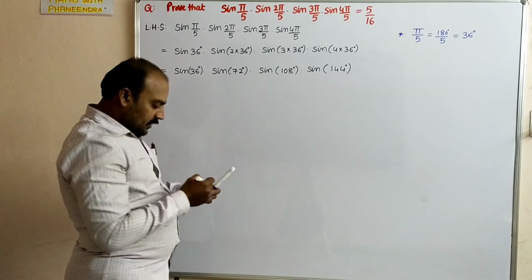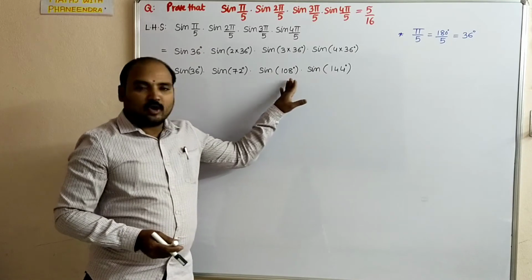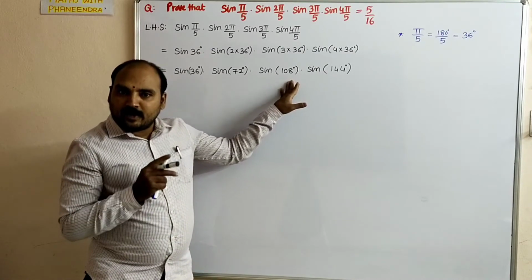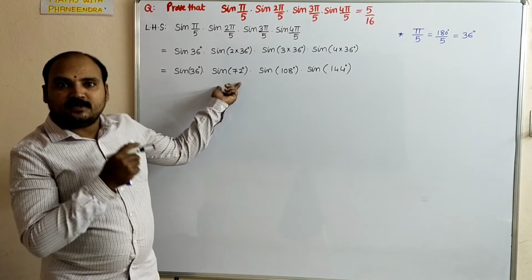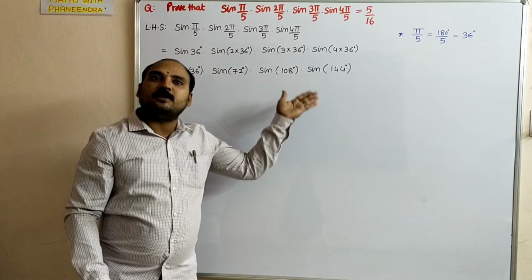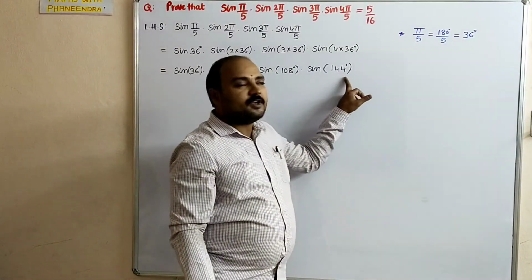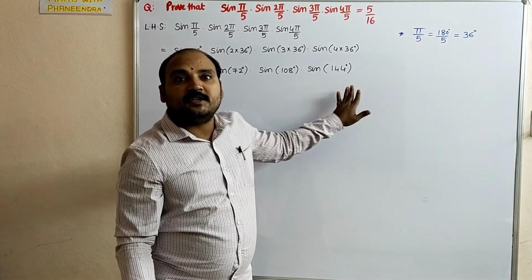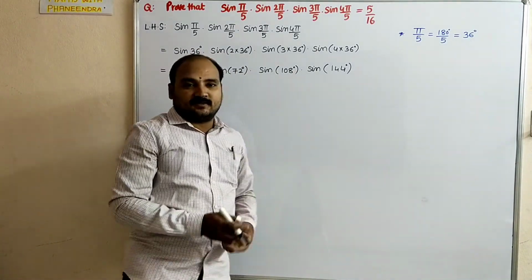So now we can write it as: 72 and 108 are near 90. So 72 can be written as 90 minus 18, and 108 can be written as 90 plus 18. In a similar way, 144 can be written as 180 minus 36.